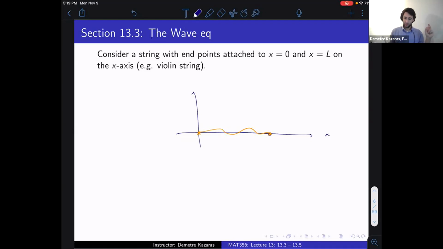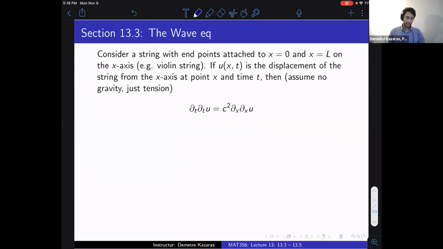What we want to model is the displacement, this little height off of the x-axis that the string is vibrating up and down. Here is the equation that it will satisfy over time.